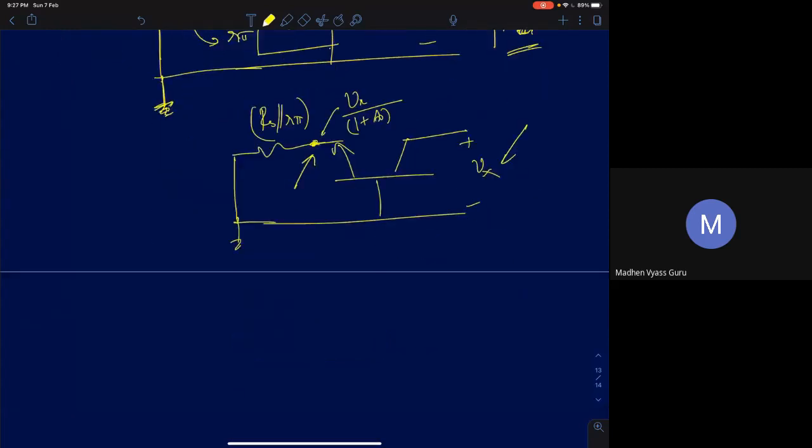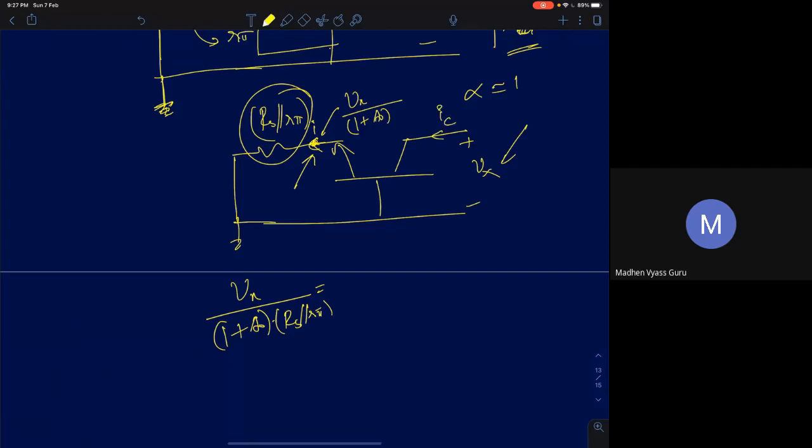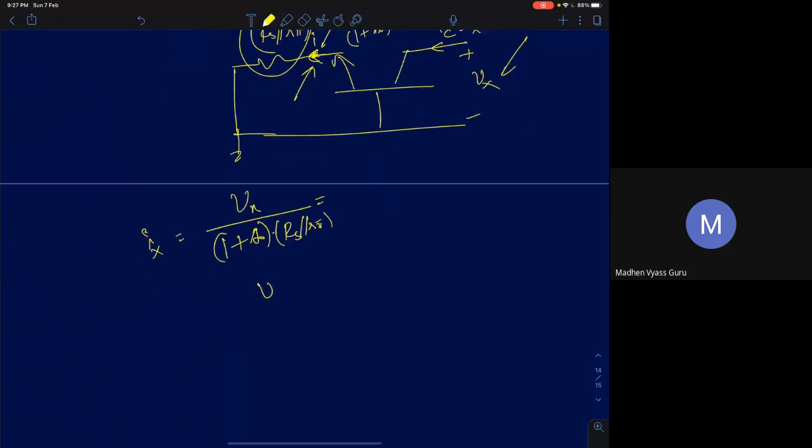So the current flowing through this resistor will be the voltage across it, Vx by 1 plus A naught, divided by Rs parallel R pi. If I assume alpha is approximately equal to 1, that will be the same as your collector current, which is your input current Ix. So the ratio Vx by Ix is 1 plus A naught into Rs parallel R pi.